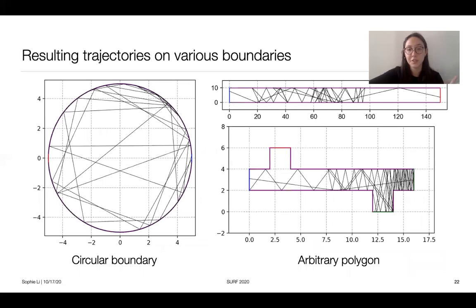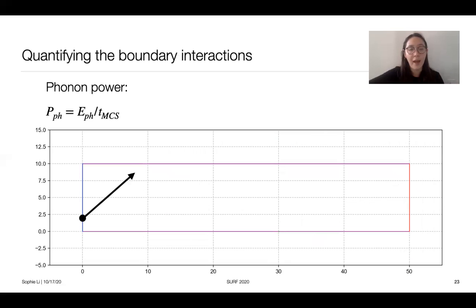Here are some of the resulting trajectories that we have for different kinds of boundaries. And we do want to be able to put our simulations into the actual context of an experiment. So we want to be able to convert what we have into temperatures. And we do that by first assigning each phonon a specific amount of power.